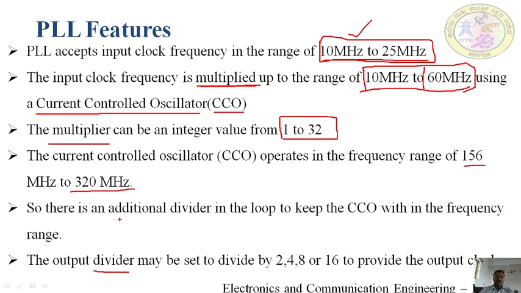So an additional divider is required, that's the P value, in order to keep this CCO within its frequency range, because our output CCLK or the CPU clock is in the range of 10 to 60 MHz, but our PLL is using the CCO in this higher range. So the additional divider is used in order to keep the CCO in its operating range, that is 156 MHz to 320 MHz.